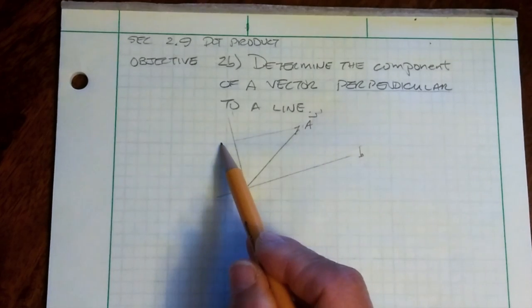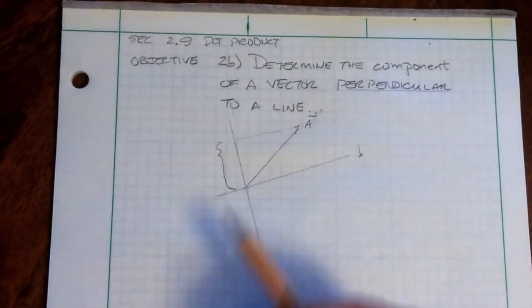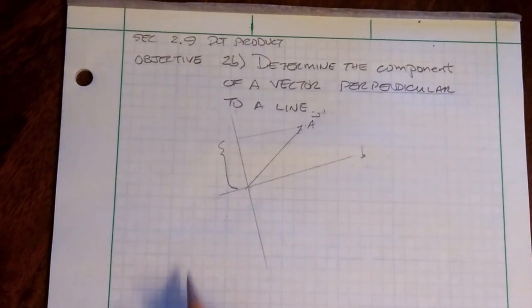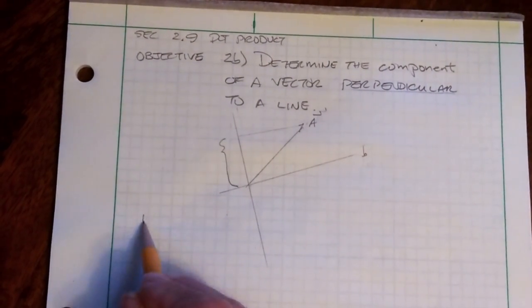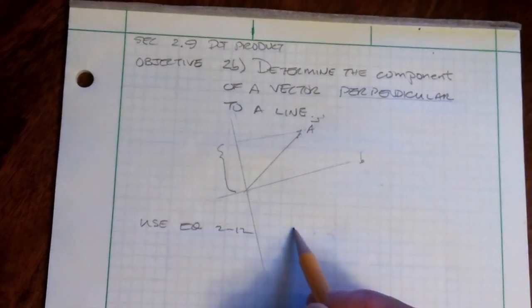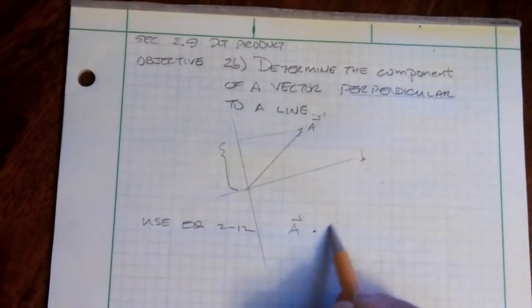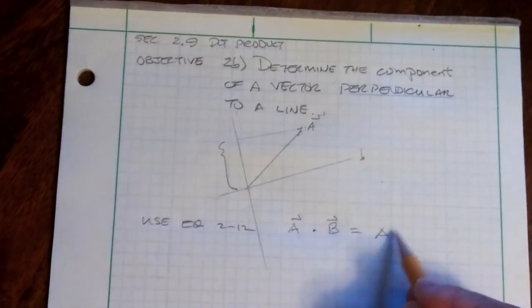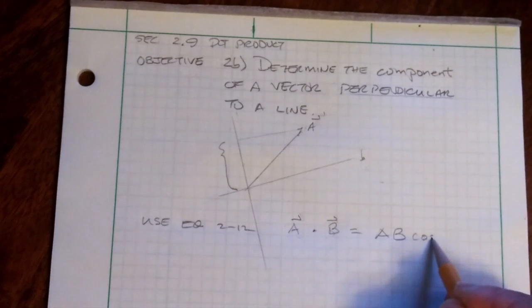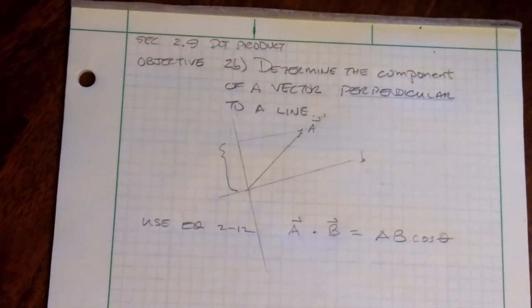So what we're seeking right now is this magnitude. Again, you use the same equation, equation 2-12: the dot product of two vectors is equal to the magnitude of each vector multiplied together, multiplied by cosine theta.